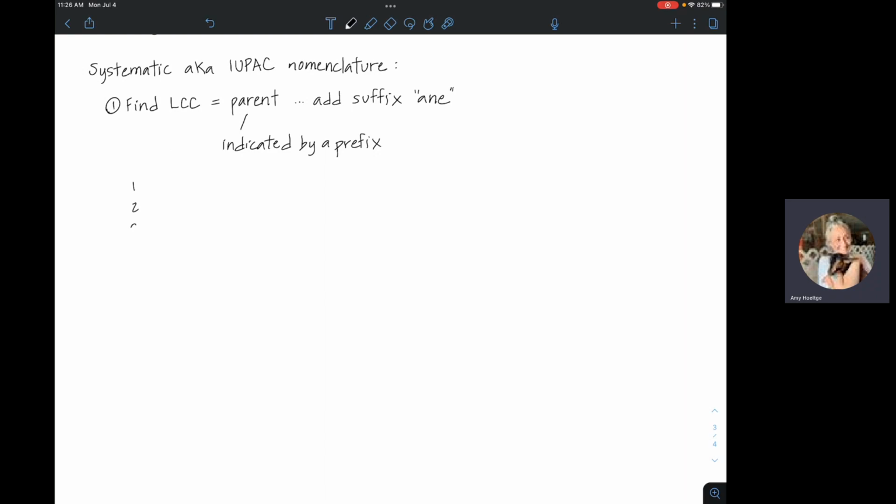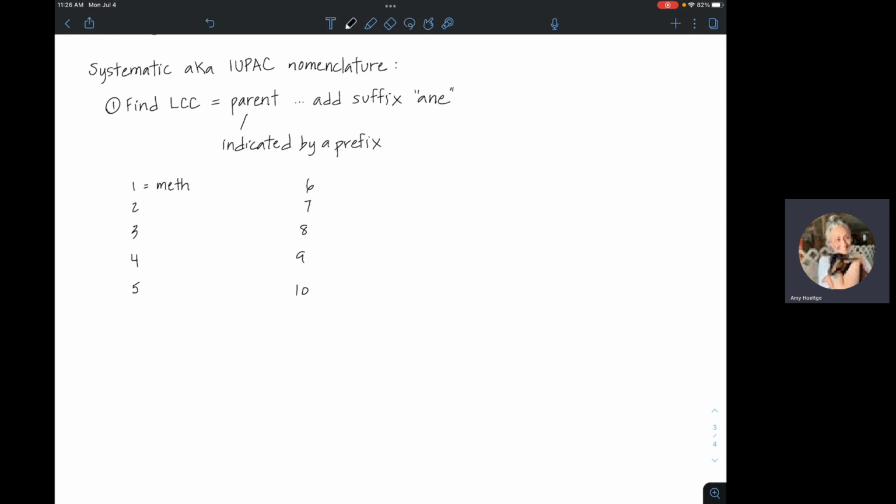There's a table in your textbook that will give you more numbers and prefixes than this, but we'll just do 10 carbons. These numbers refer to the number of carbons in the longest continuous chain. If you have 1 carbon, the prefix is meth.